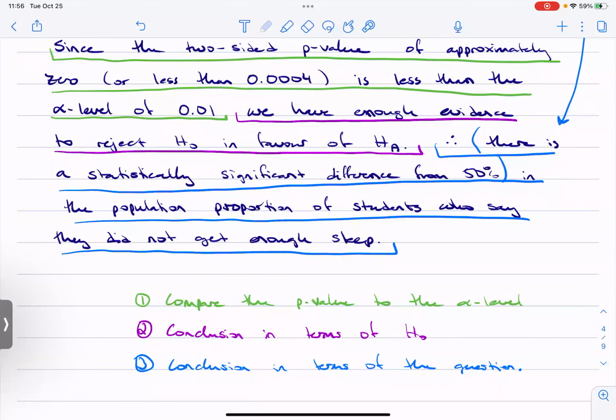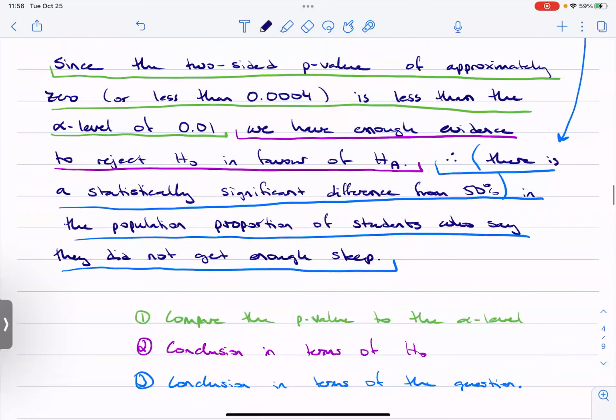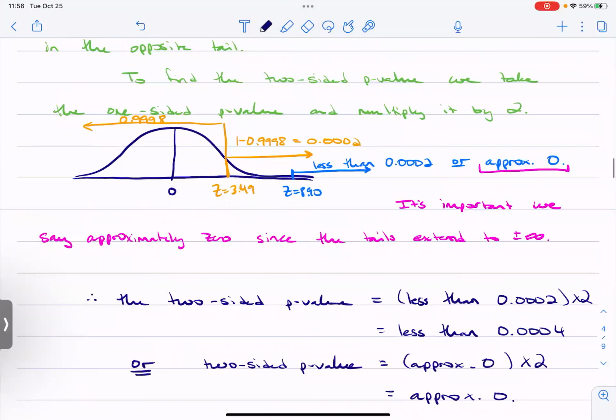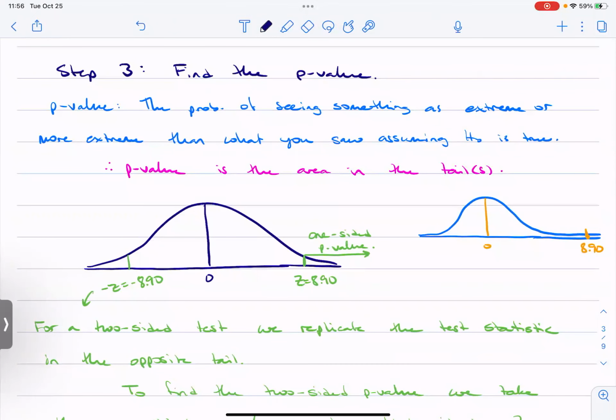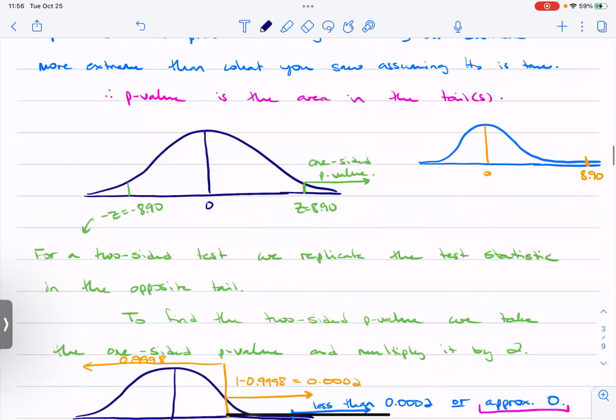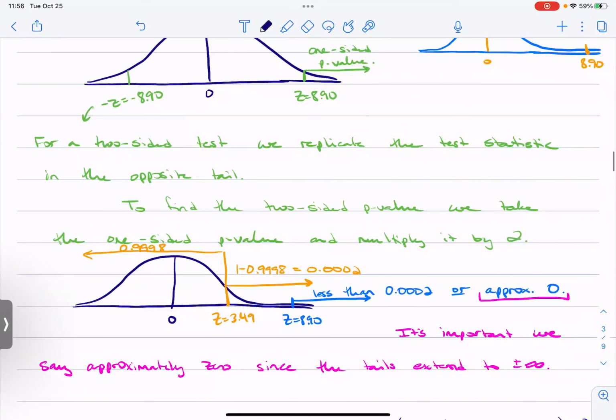Can you go back to step 3 for me, please? Yes. I understand the math behind timesing the Z value by 2. But why are we timesing by 2 if the Z value is 8.9? Why do we also need the negative Z value? Because it's a two-sided test.